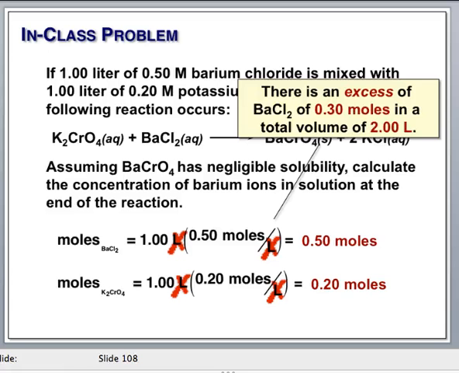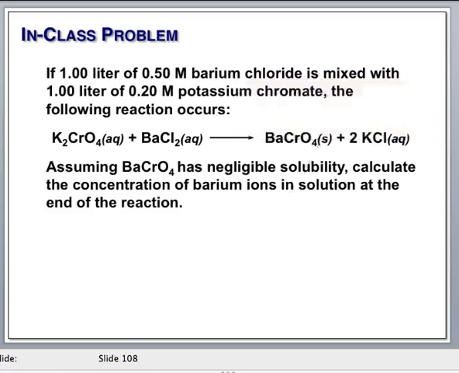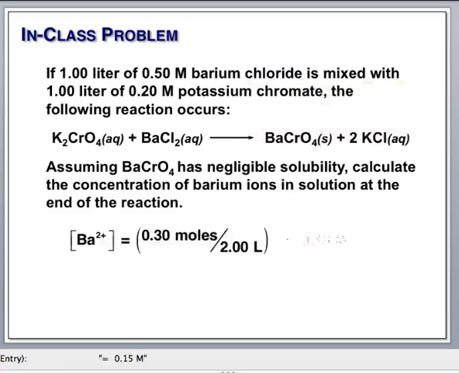So if we want to calculate the concentration, we have 0.3 moles in 2 liters, 0.15 moles per liter. When you're adding solutions together, always remember to sum up the volumes.